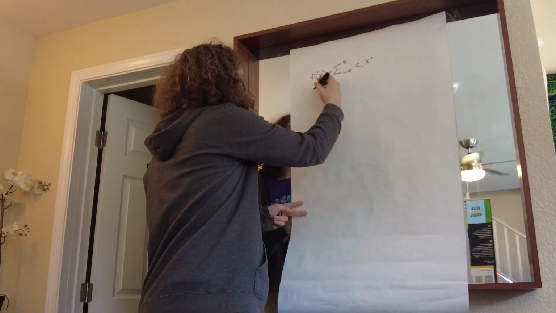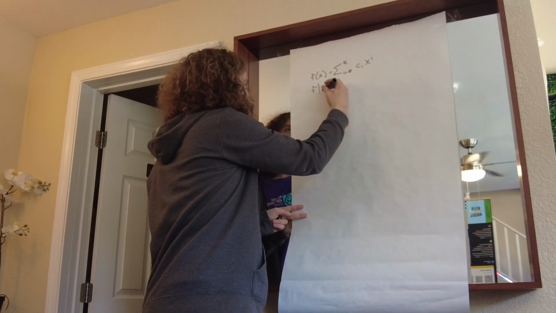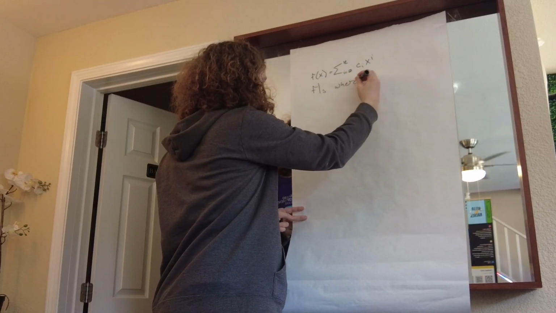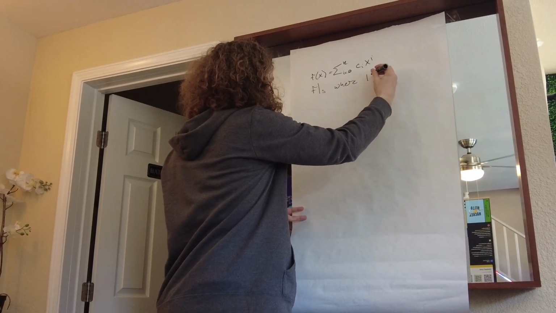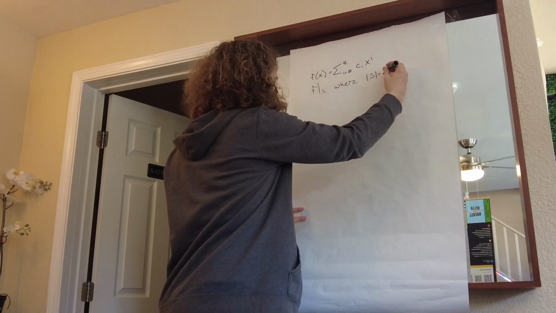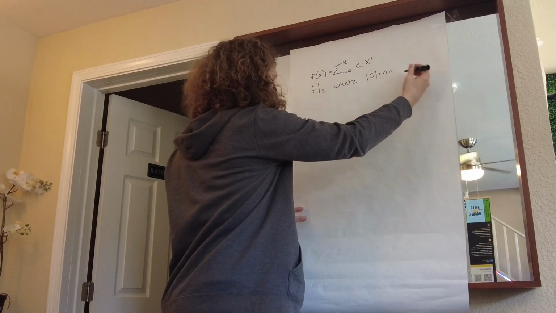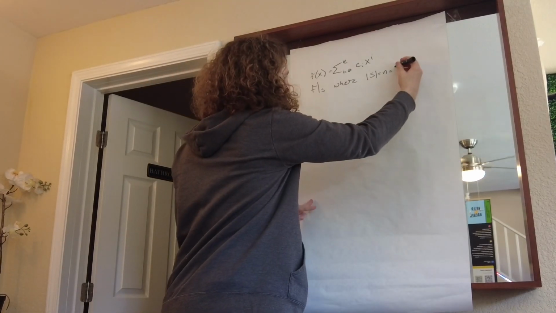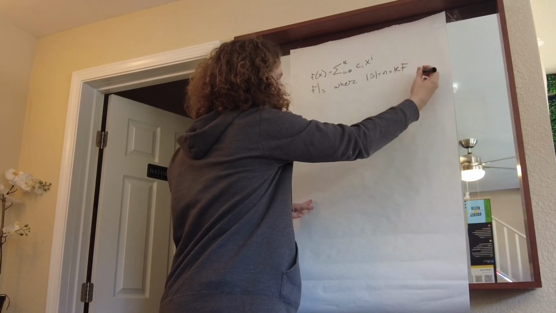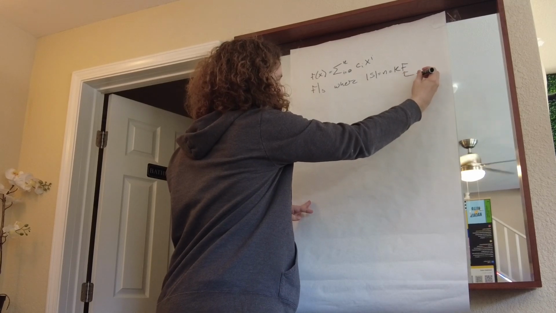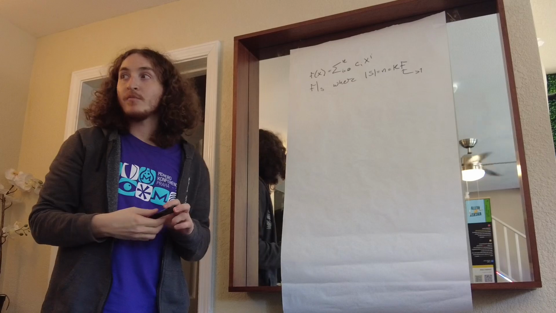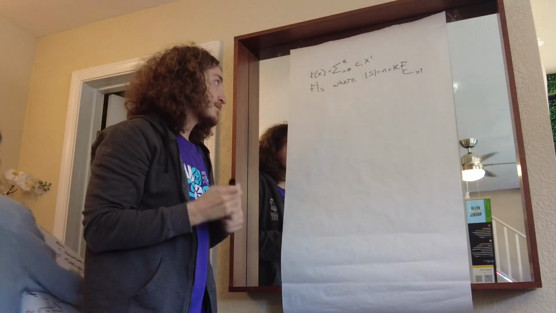And we have f evaluated on some set S, where the size of S is equal to n, which is equal to k times some factor greater than 1. So that is to say we're evaluating it on more points than its degree.